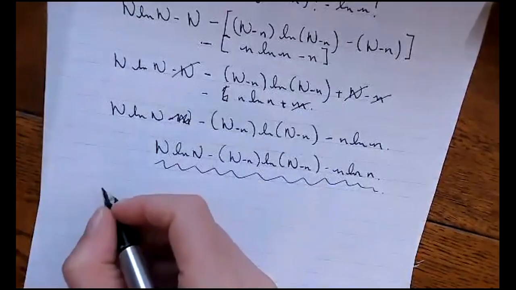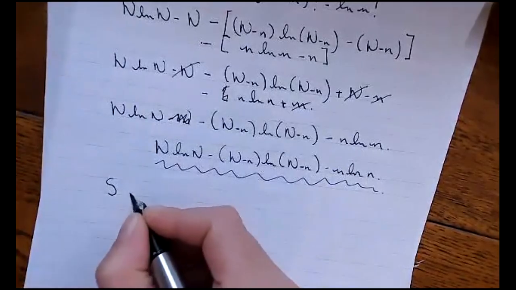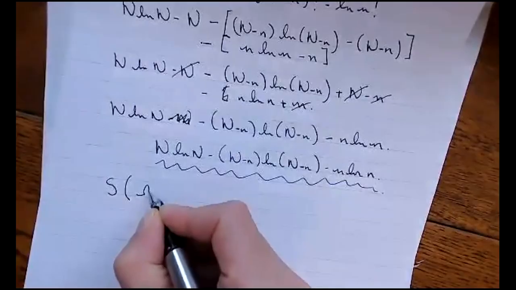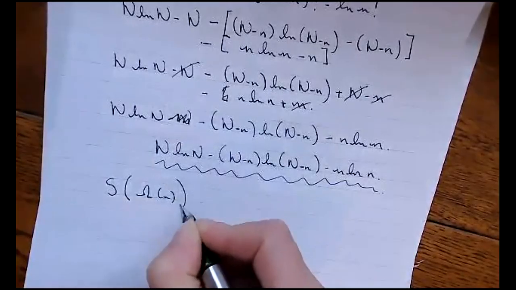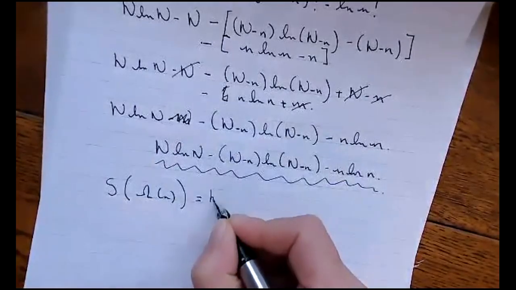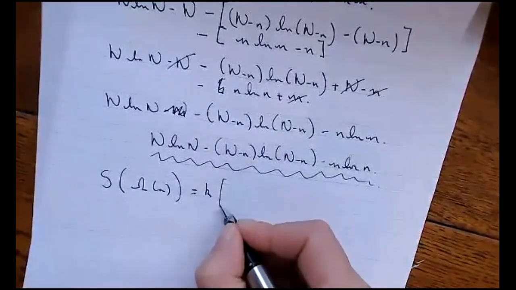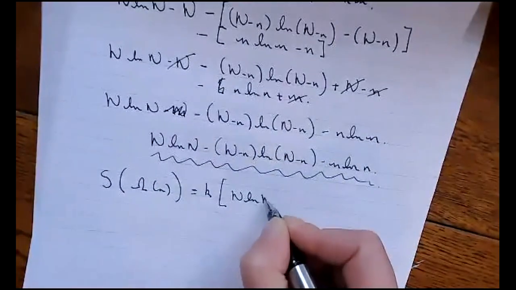So our entropy, S of omega of little n, is equal to k times big N ln big N, and so on.